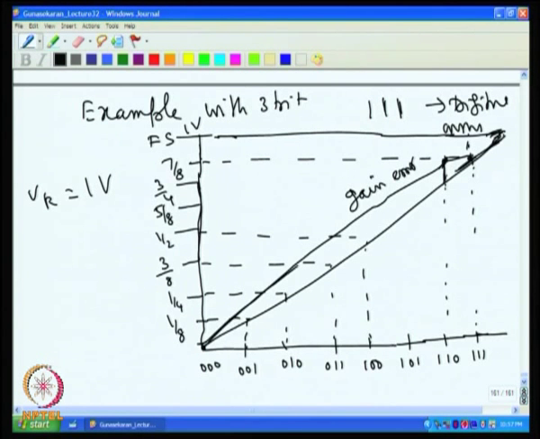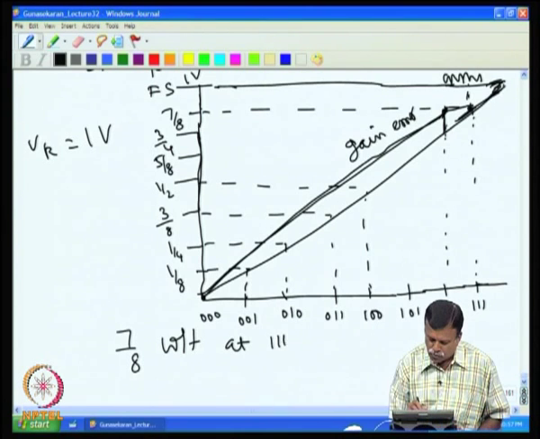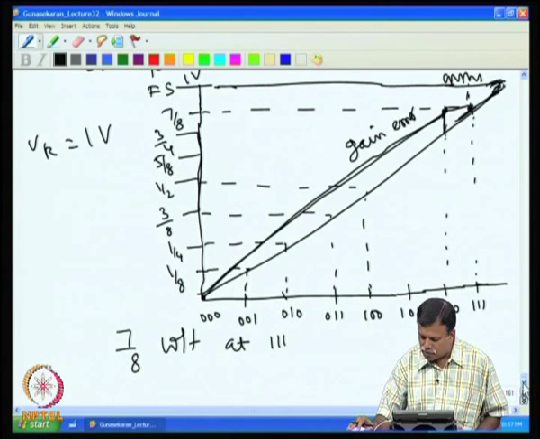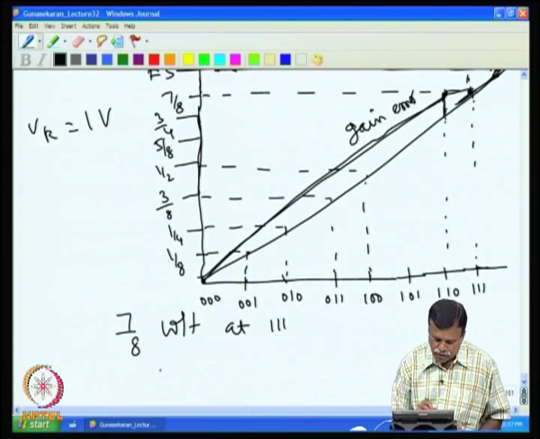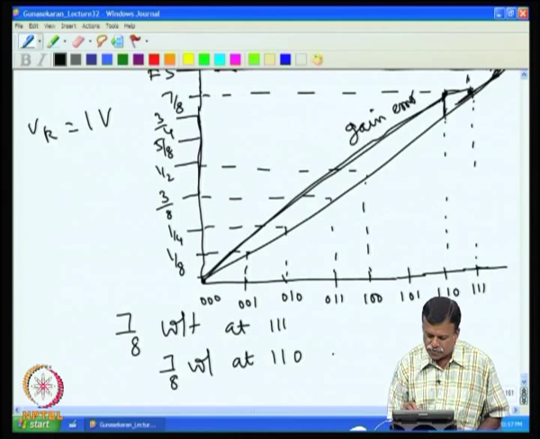So, you have a gain error because you will probably get a full scale voltage of 1 volt at 1 1 1 itself instead of 7 by 8. If you look at this relation, 7 by 8 volt at 1 1 1 is what we are supposed to get, but with a 1 LSB gain error, you will have 7 by 8 volt reached at 1 1 0 itself.